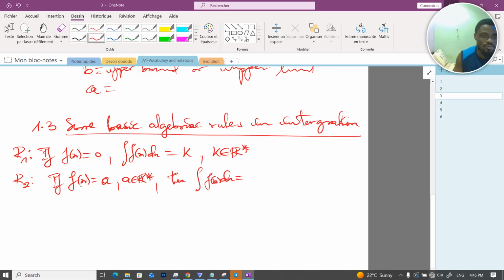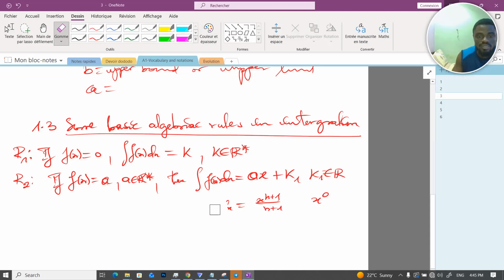The variable is x, so the integral will be equal to ax plus the constant k1, where k1 belongs to the set of real numbers. This can be proved very simply using the formula: the integral of x to the n dx is equal to x to the n plus 1 all over n plus 1. Here the a is simply a times x to the 0. So it's very simple to prove.